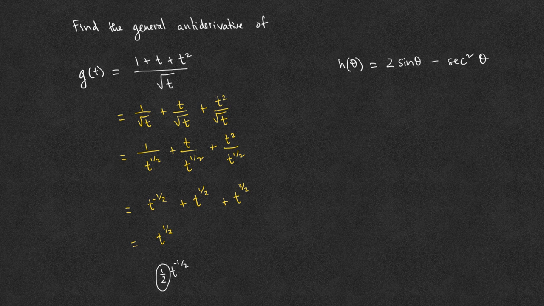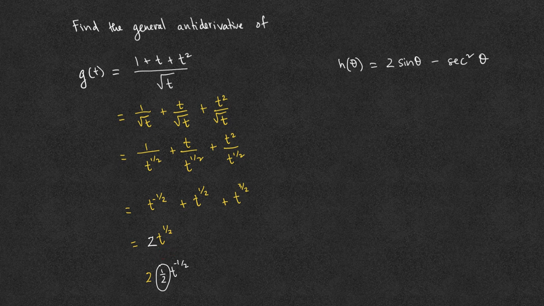Since we don't have that factor 1 over 2, we would multiply by the reciprocal in the guess: 2 times t to the 1/2. Again, if we check this, we rewrite 2 and then find the derivative of t to the 1/2, which is 1/2 t to the negative 1/2. 2 and 1/2 cancel out, so this is the correct antiderivative of t to the negative 1/2.